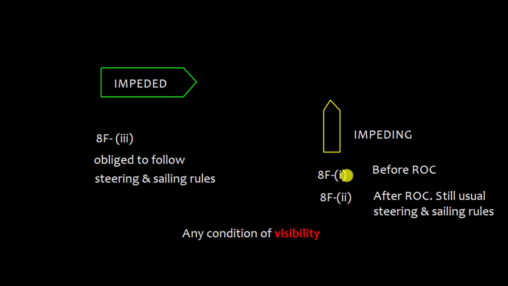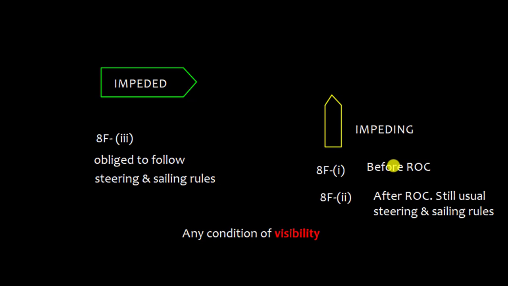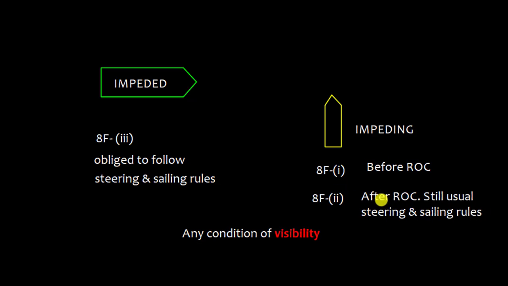So Rule 8F1 says that the vessel which is required not to impede passage should take early action. So 8F1 starts before the risk of collision. Then we have 8F2, which says even after risk of collision exists, the vessel which is required not to impede passage is still obliged, and the usual steering and sailing rules will be applicable.